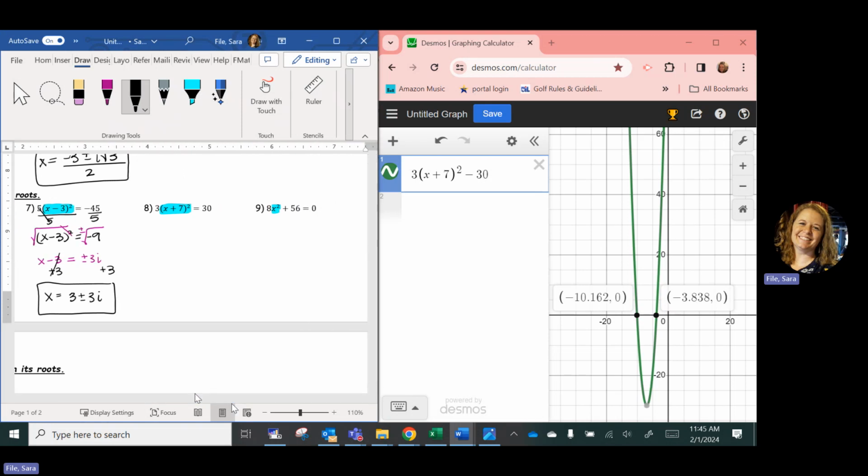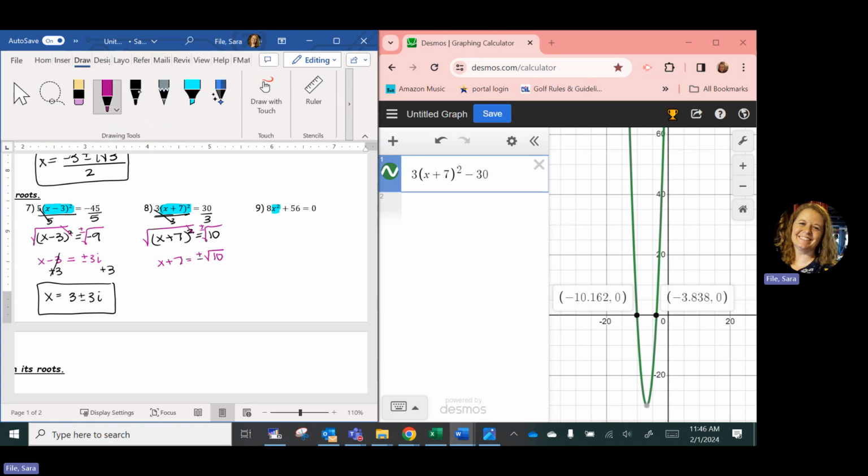So I'm going to do the same thing I did on 7 and move that coefficient out front first. So I'm going to divide 3 out. Get 10. And then I'm ready to take the square root of both sides. Don't forget your plus or minus. So I've got x plus 7 equals the positive or negative square root of 10.